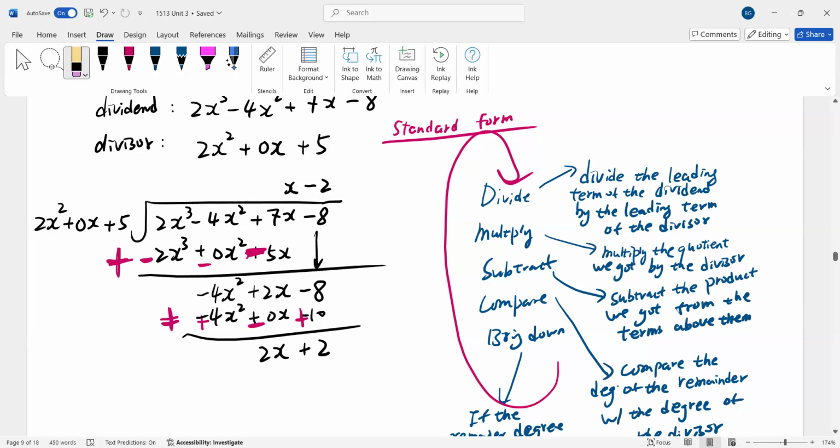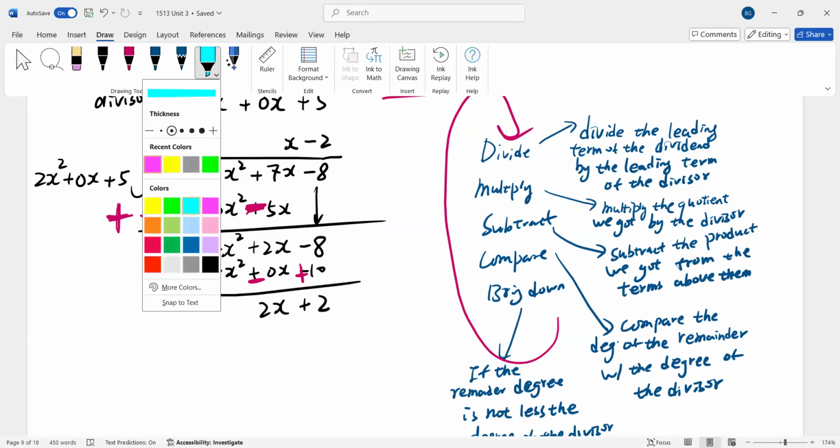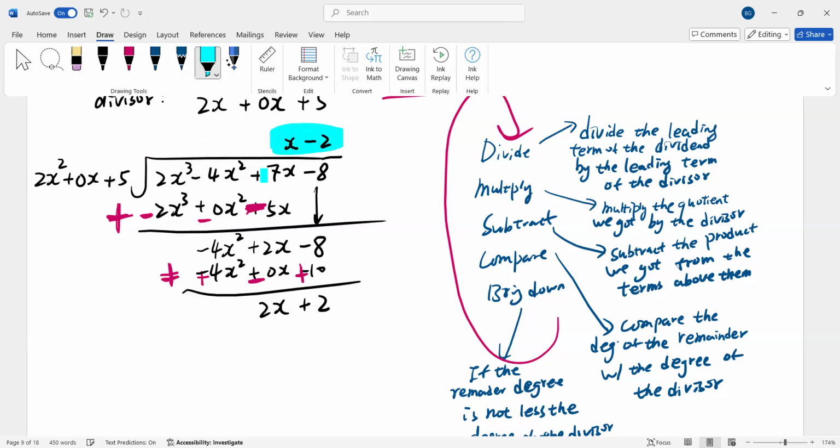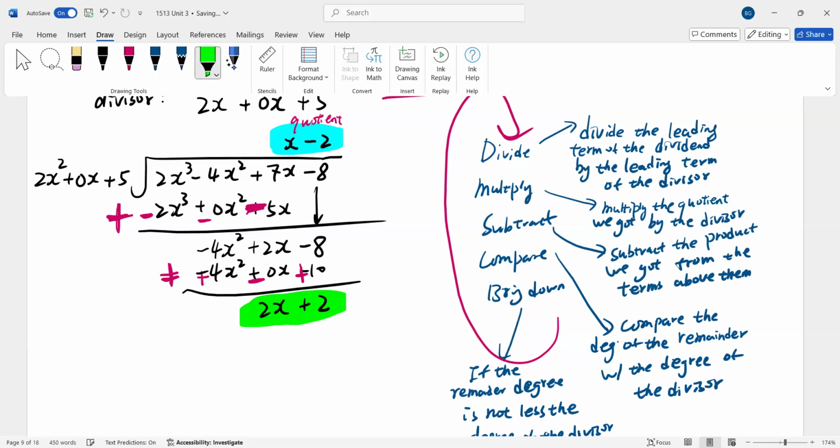So that's very important for long division. Okay, so we have this here. We have a polynomial above the division symbol, and that's our quotient. And we also have a polynomial at the bottom in the end, and that is the remainder.